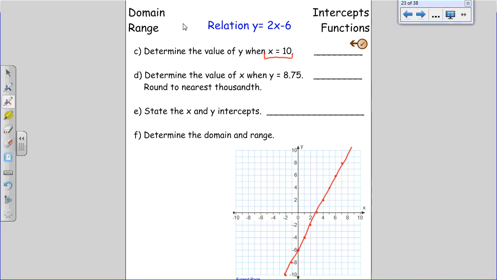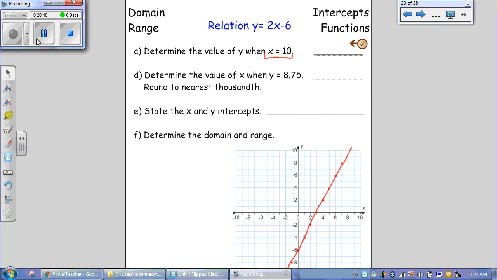A couple important things to talk about right now. The first thing, there's different ways to do things. So you might have another teacher who has a different way of finding what Y equals when you're given an X. So if you see another teacher doing something different, then feel free to learn their way. I try to show you whatever I think is the easiest way. Okay? So that's what I go with.